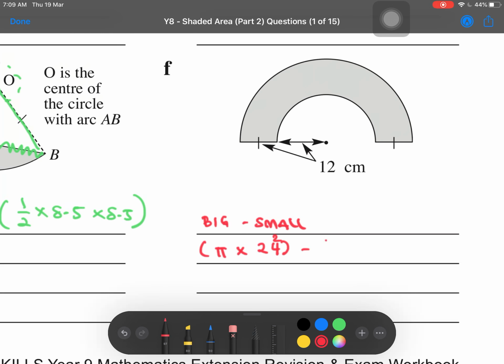And for the small one, it's pi times r squared too. But then, because both are semicircles, you have to halve them, okay? And you find the answer for this. The answer is 678.6 cm squared.